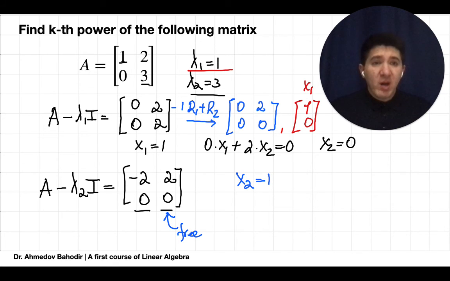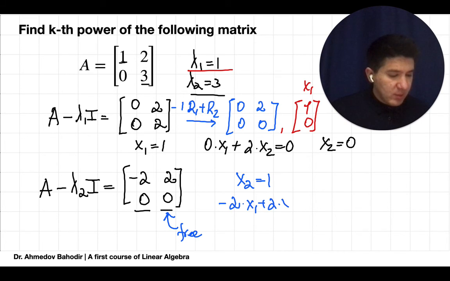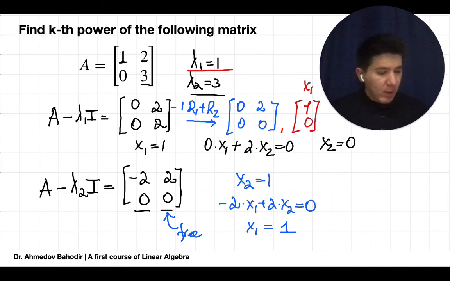The free variable is equal to 1. If you substitute this here, it's -2 times x1 plus 2 times x2 equal to 0. And if you find x1 from here, it's simply equal to 1. So the second eigenvector is 1 and 1.